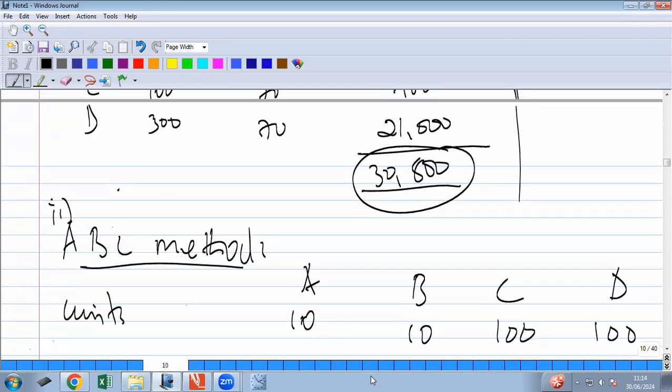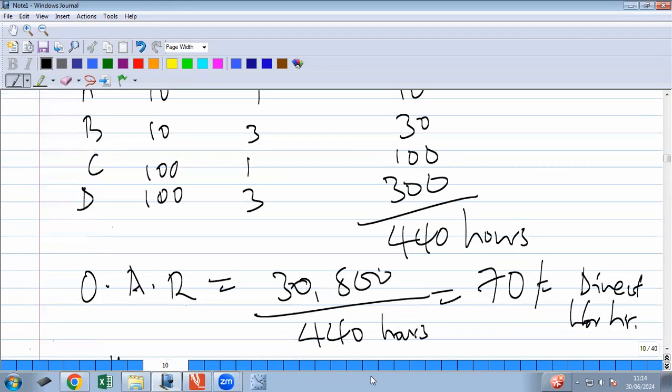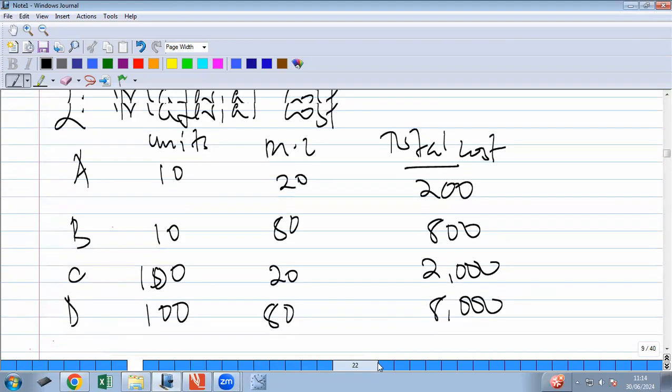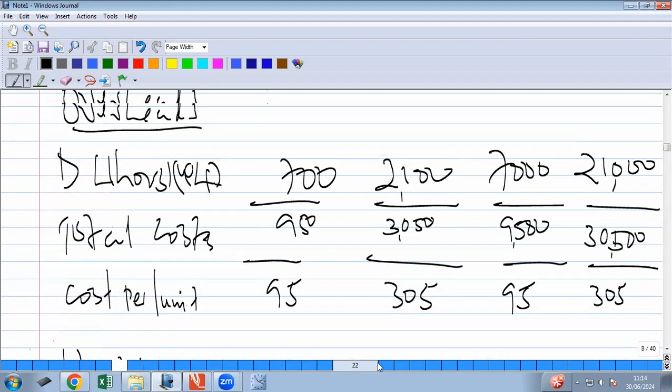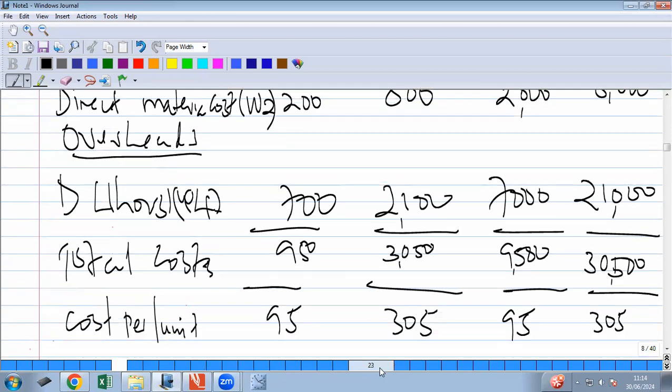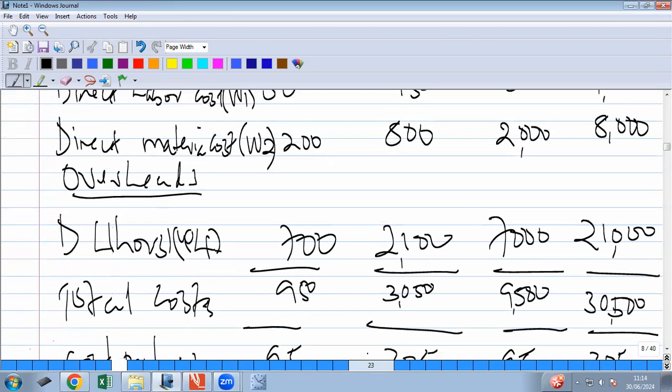Let's check under traditional. Under traditional, we had only this here. You can see 200, 800, 2,800. Of course, the cost is high, but look at direct labor hours.